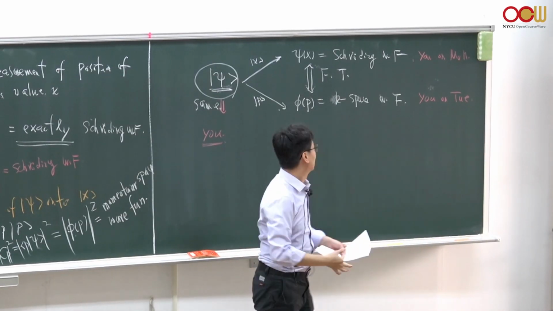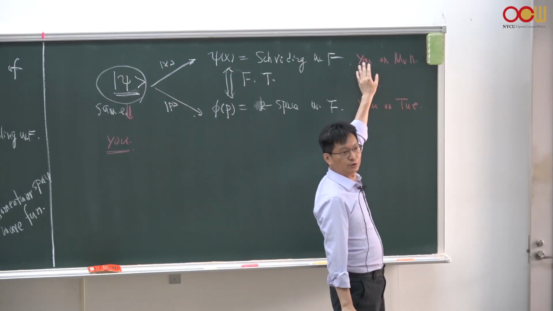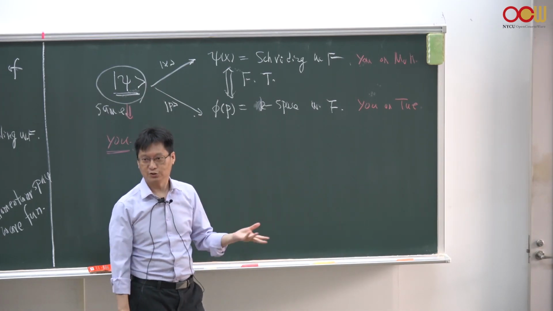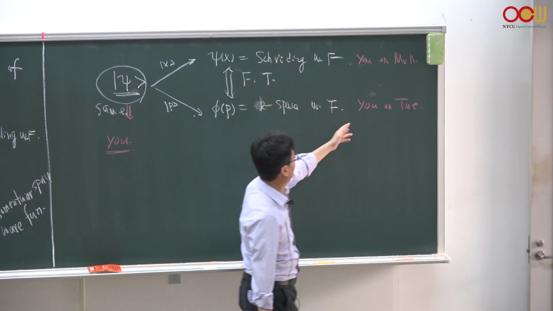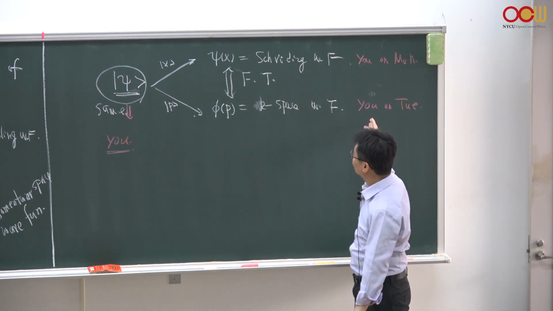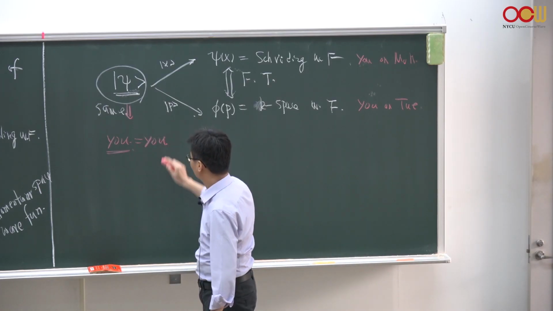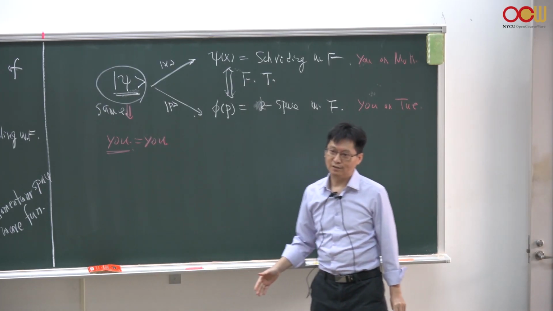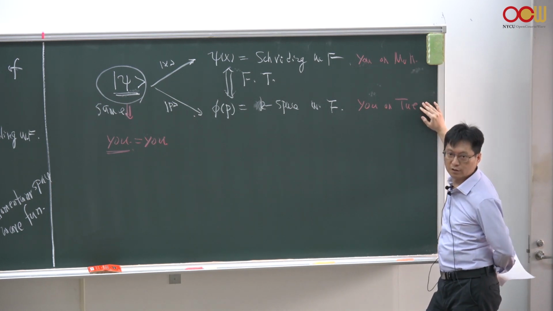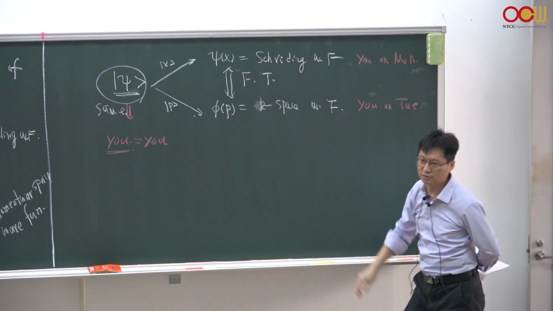Of course, superficially, you on Monday look different from the person, which is you, wearing a different dress on Tuesday. But the key point is that you is you, right? The person wearing the suit on Monday is you, and the person wearing another dress on Tuesday is also you.